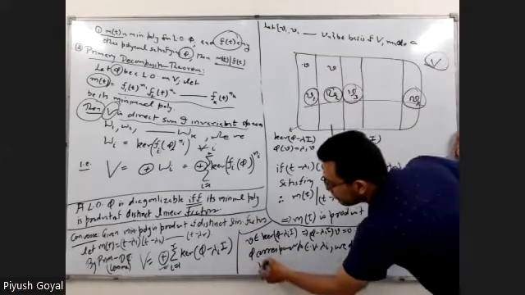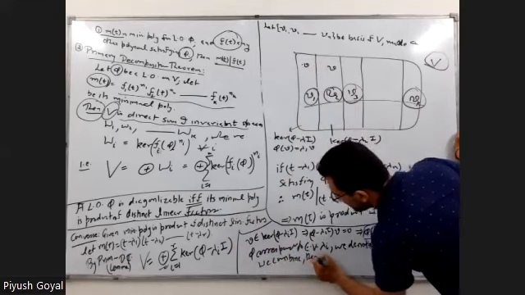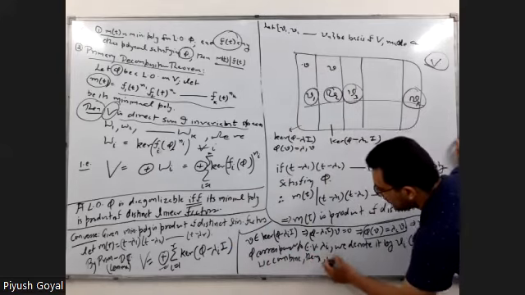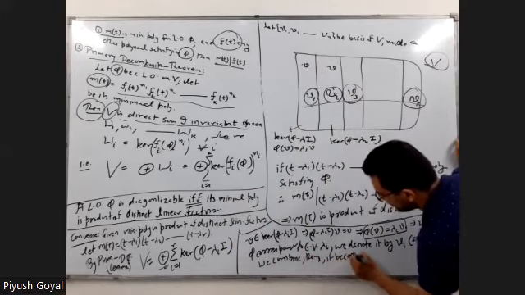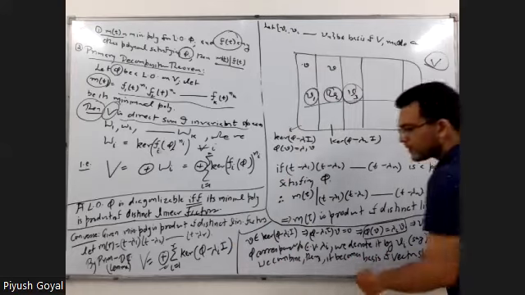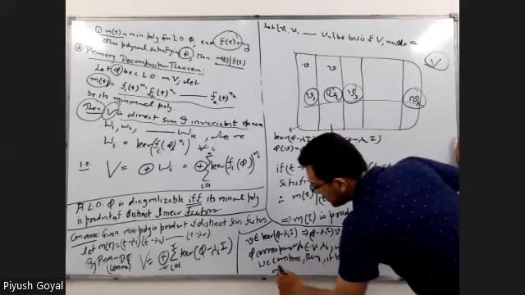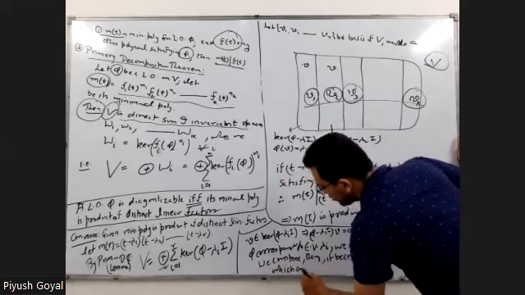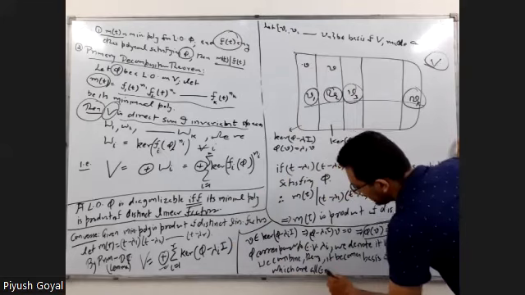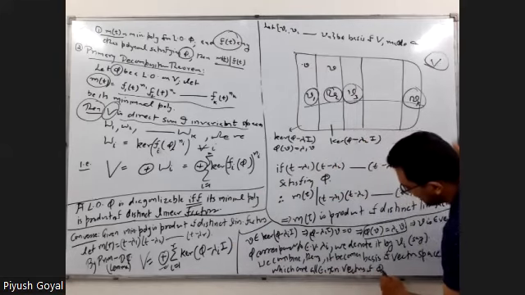So we combine them. It becomes a basis of the vector space, which are all eigenvectors of phi.